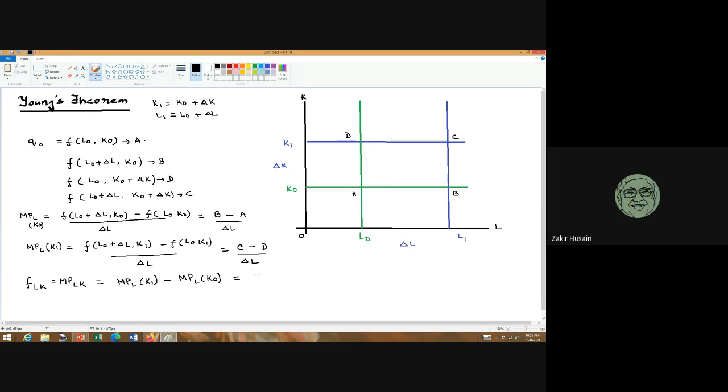Achha. So del L is the same. So C minus D minus B plus A. So for simplicity, we can write A plus B minus, sorry, it will be A and C. I'll correct it later.